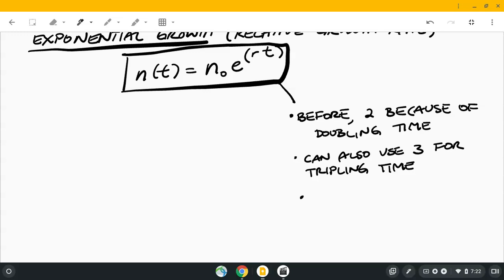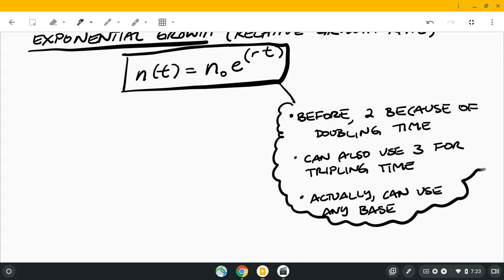And so before, you could actually use any base. This is that old formula. So if you know the doubling time, or the tripling time, or the quadrupling time, you could use that other one.